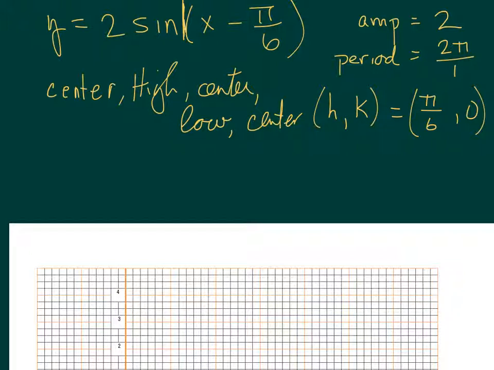Those 5 linear equations come from b times x minus h equal to the quadrantal angles. Now, if you're not familiar with that word quadrantal, these are the angles that separate the quadrants.